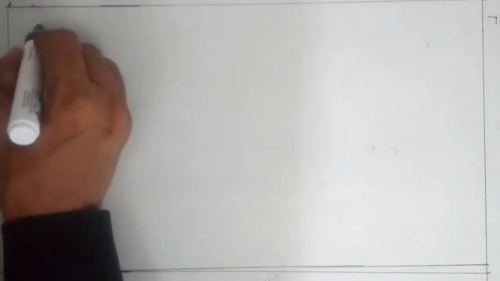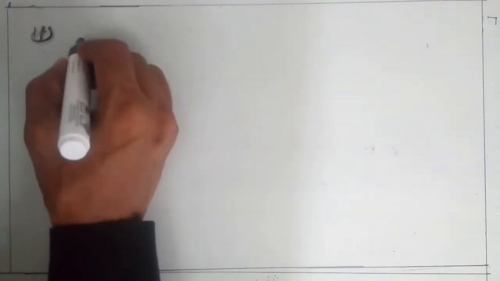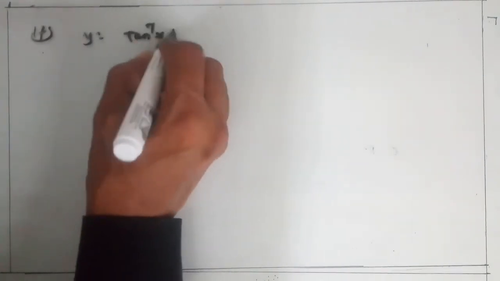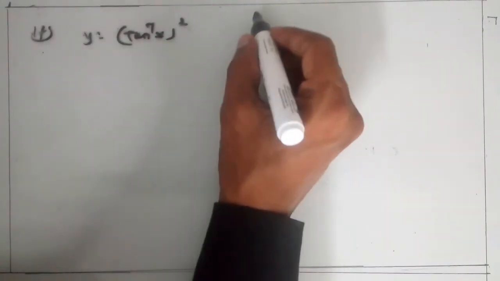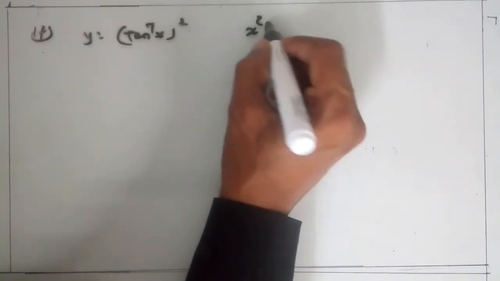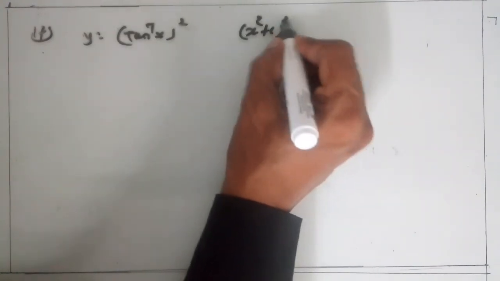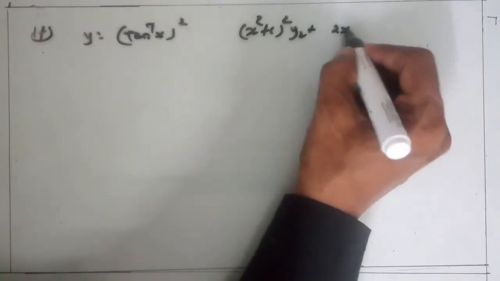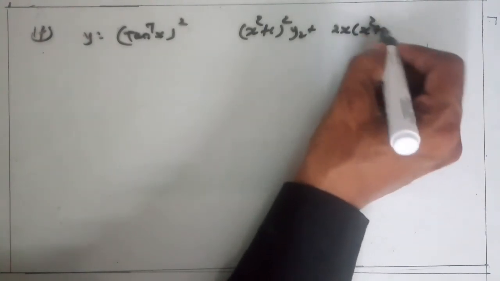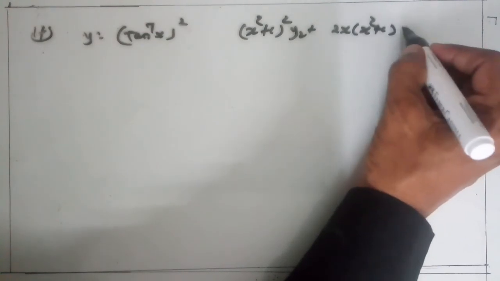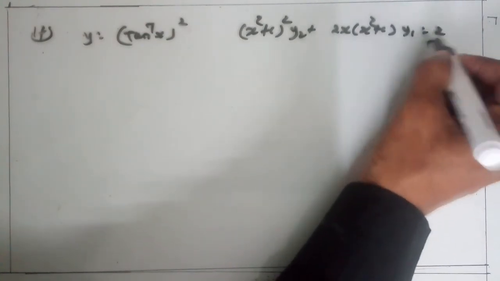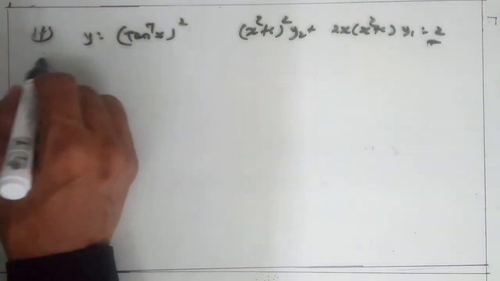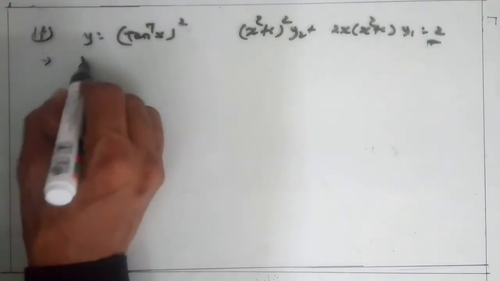Now question number 17. y = (tan⁻¹ x)². Then show that (x² + 1)² y2 + 2x (x² + 1) y1 = 2. Show that. Here differentiate with respect to x.